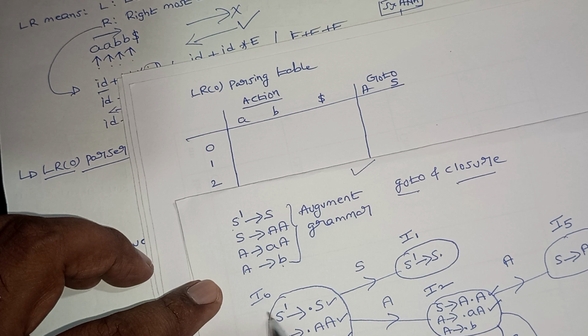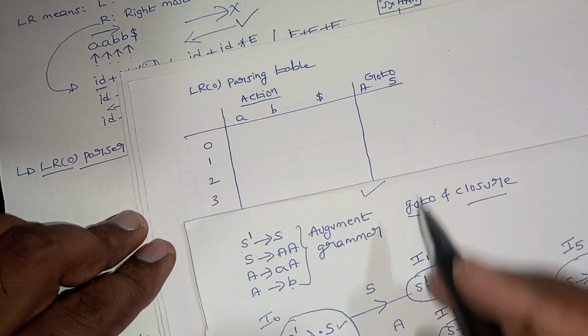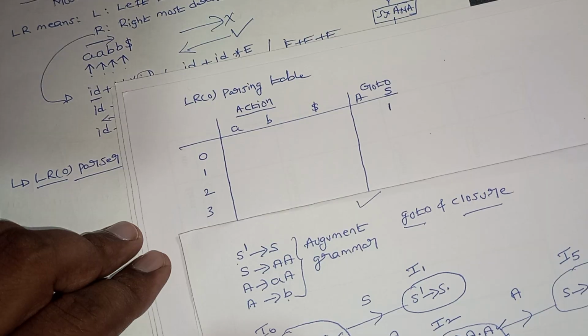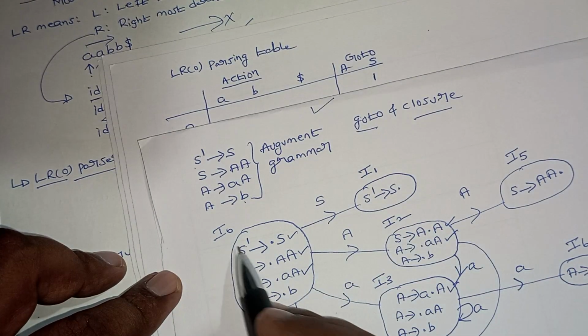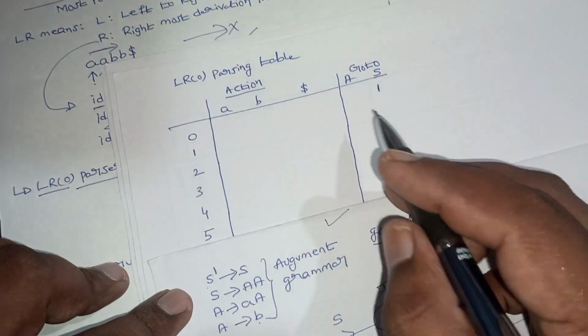I0 on capital S, where am I going? 1. You write 1 here. I0 on A, where am I going? 2, I2. You write 2 here.